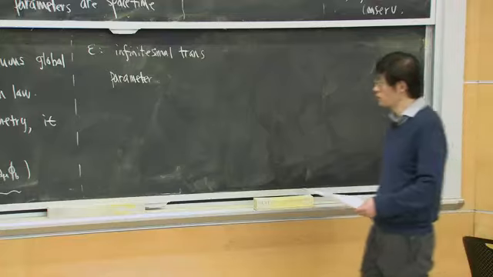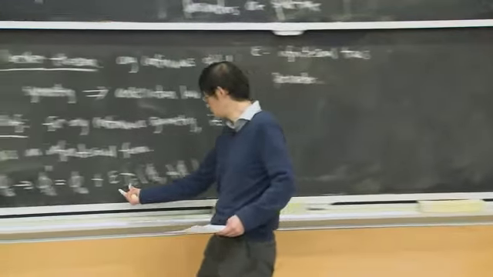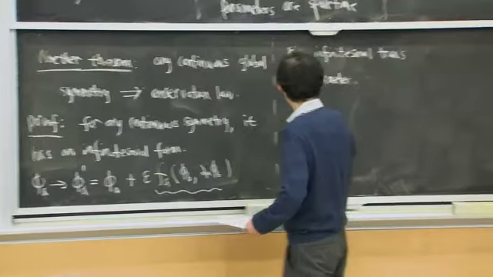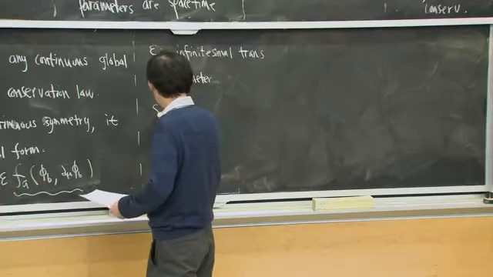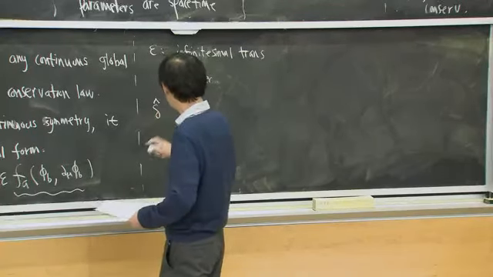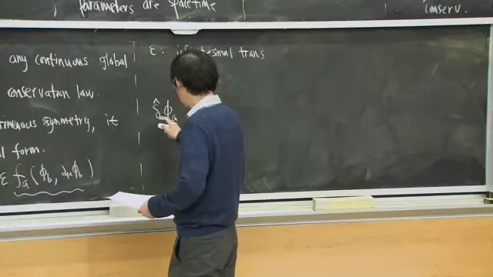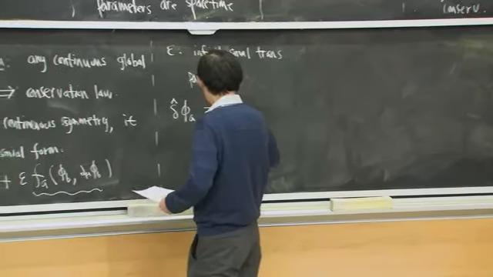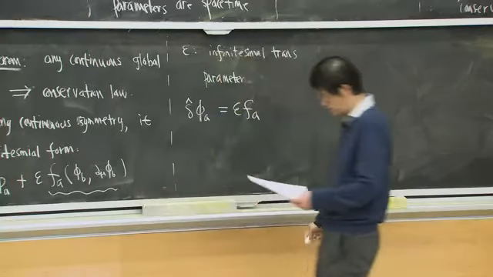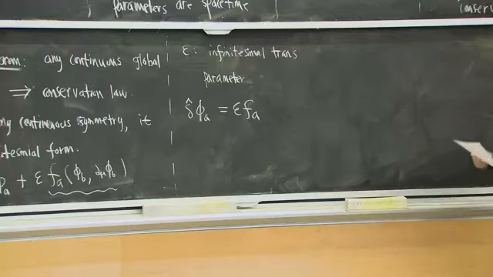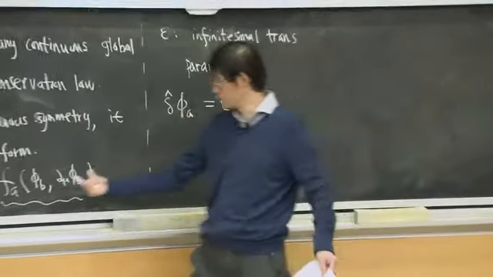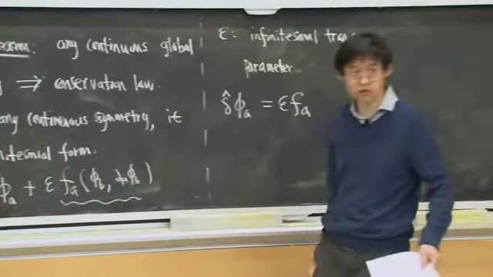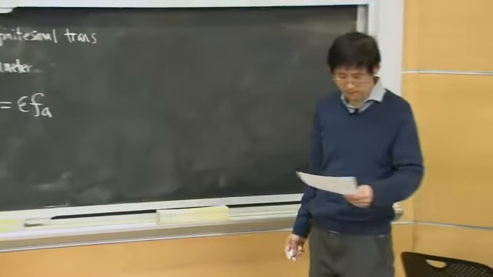So in this case, the symmetry transformation, which we denote by delta hat phi A, is given by epsilon F A. Delta hat here implies an infinitesimal symmetry transformation.